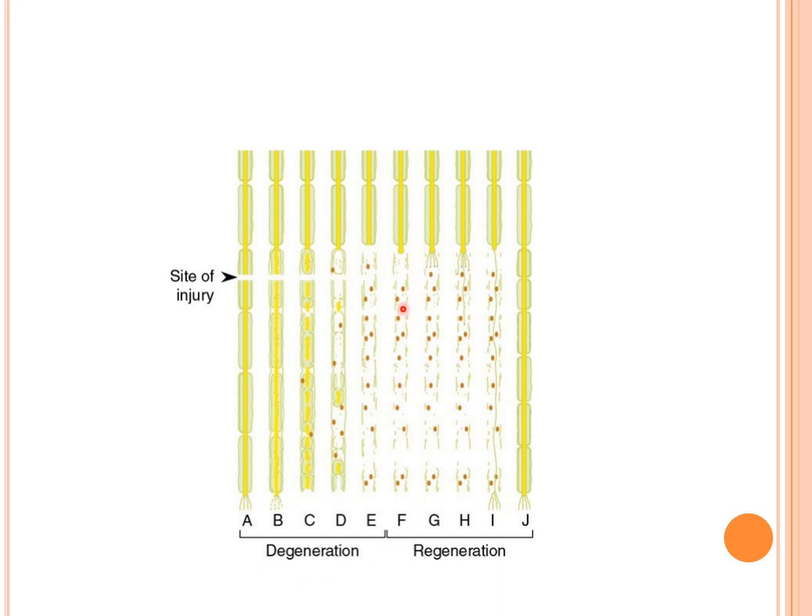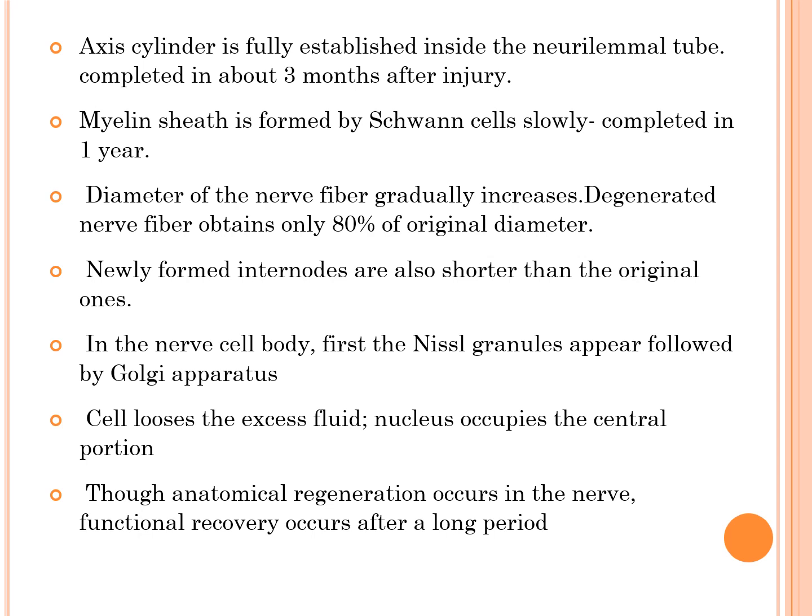Next, what will happen in the regeneration? You can see these sprouts, right? Up to 50 sprouts will be projecting out from the proximal end, and these proximal sprouts will go into the hollow tube and they will grow as a nerve. So these are the regenerative changes.